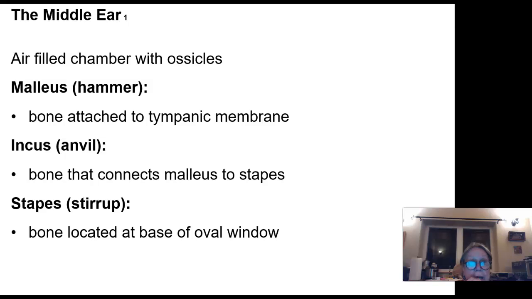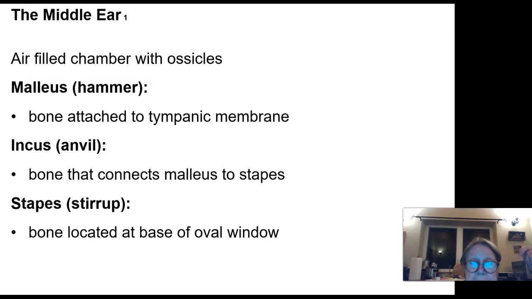The middle ear is just an air-filled chamber with ossicles. It has 3 important parts besides the tympanic membrane, and all 3 are connected. You have the malleus, which is kind of like a hammer, attached to the tympanic membrane. The next part is the anvil, the bone that connects the malleus to the stapes.